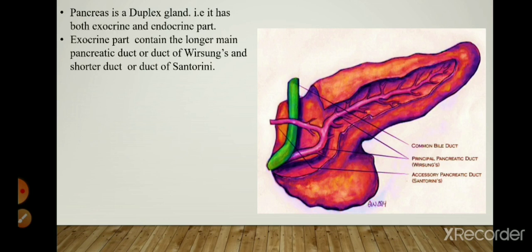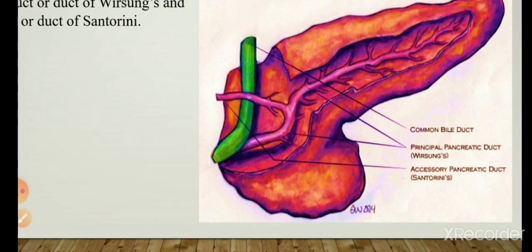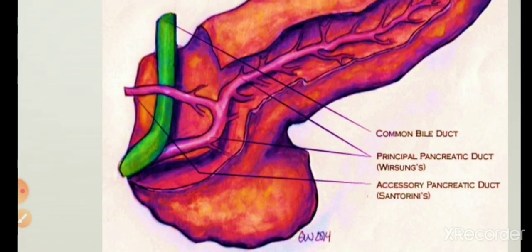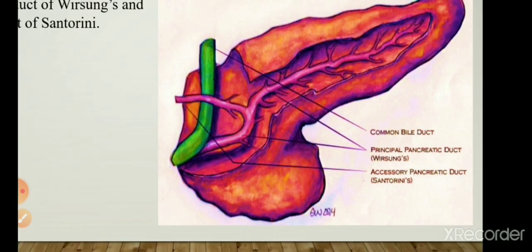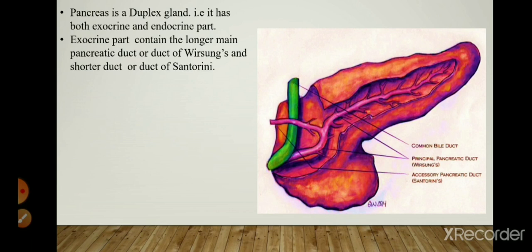First, the exocrine part contains the longer or main pancreatic duct. This duct is called the duct of Wirsung or Wirsung's duct, as we can see in the figure, also called the principal pancreatic duct. Another duct is called the duct of Santorini, which is shorter than Wirsung's duct.